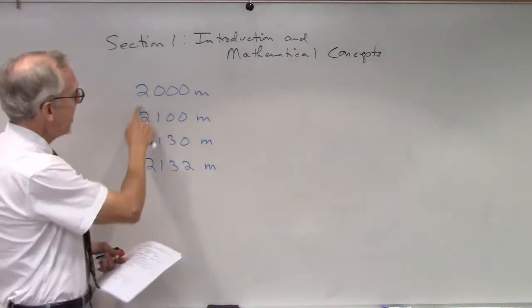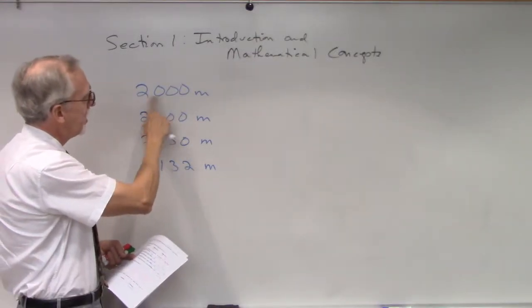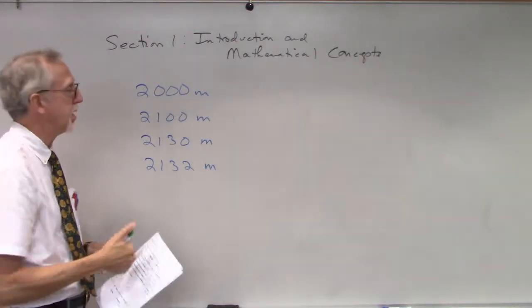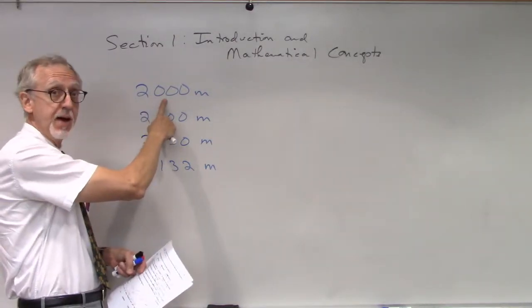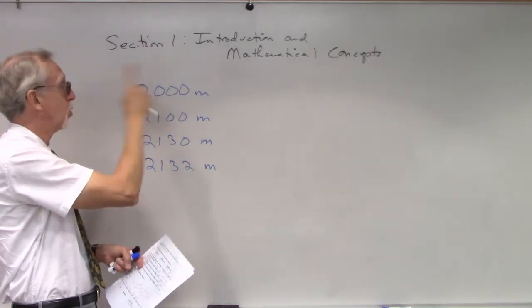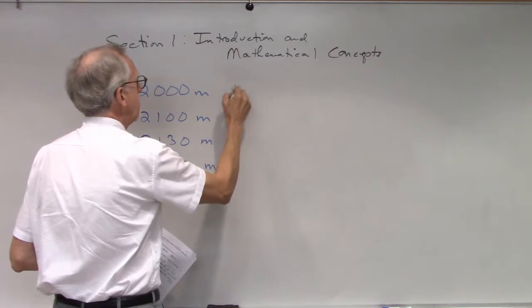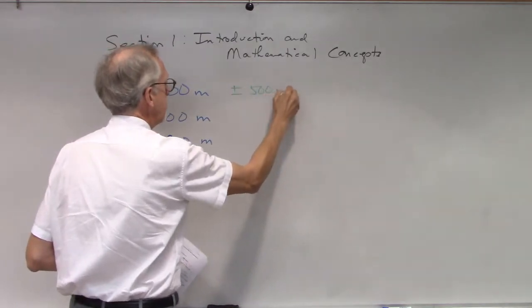Well, if we said it was 2,000 meters, remember what we're talking about then is something that's closer to 2,000 than it is to 3,000 or 1,000. So we mean really something like 2,000, maybe plus or minus 500 meters.